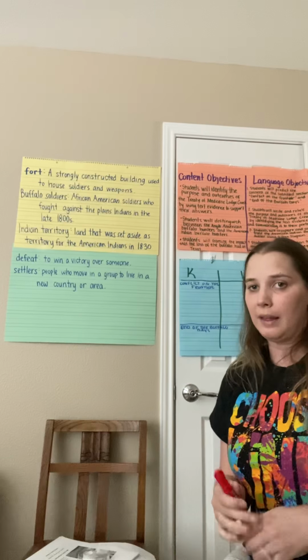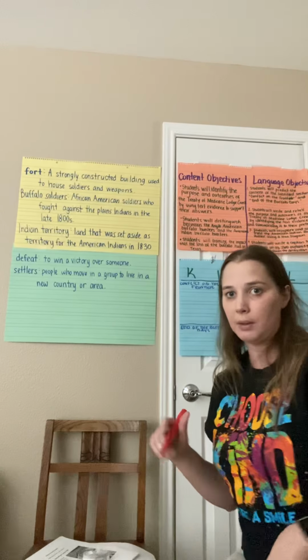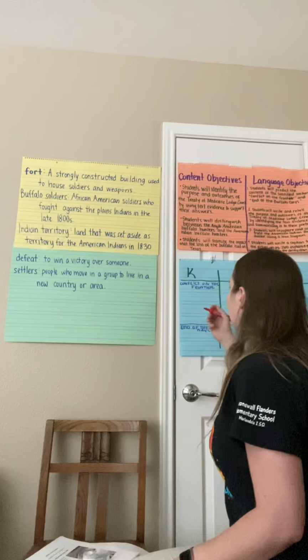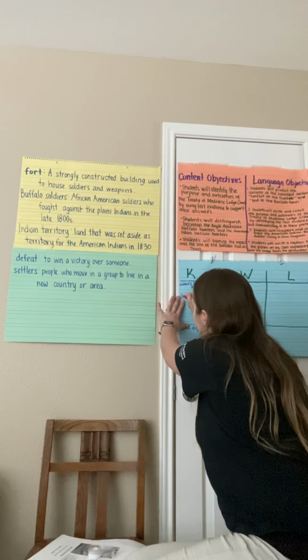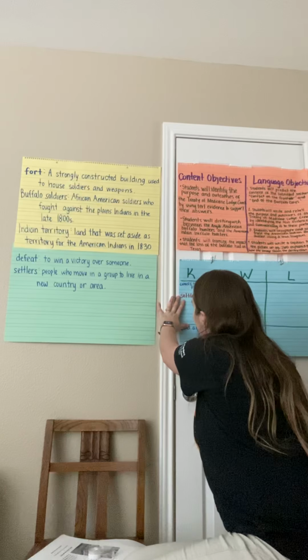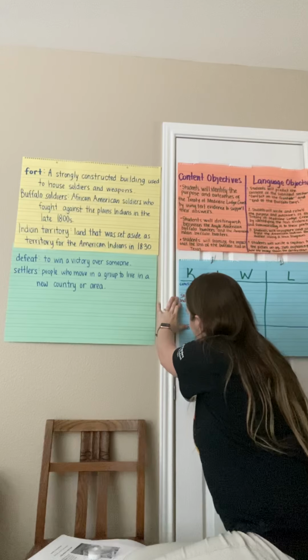Okay, we know that the settlers and the American Indians had some conflict, right? What does the word conflict mean? They had some disagreements. Okay, so we know that settlers and American Indians had some disagreements.